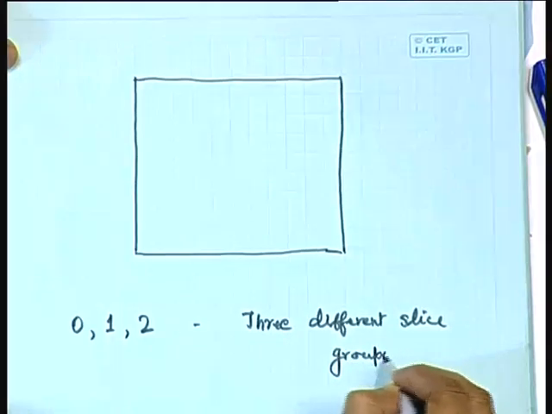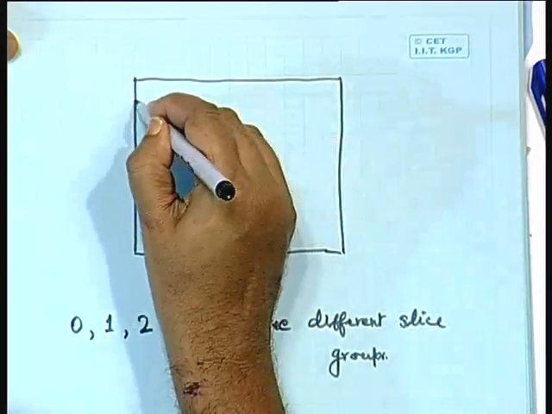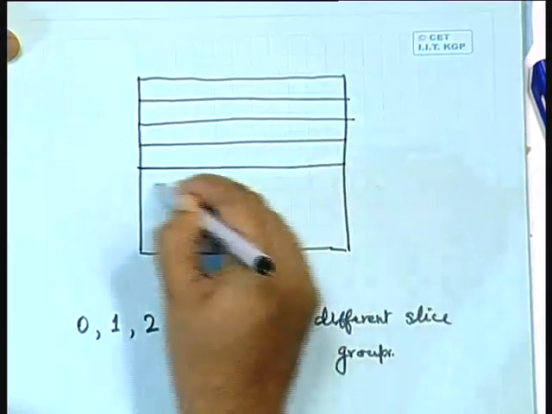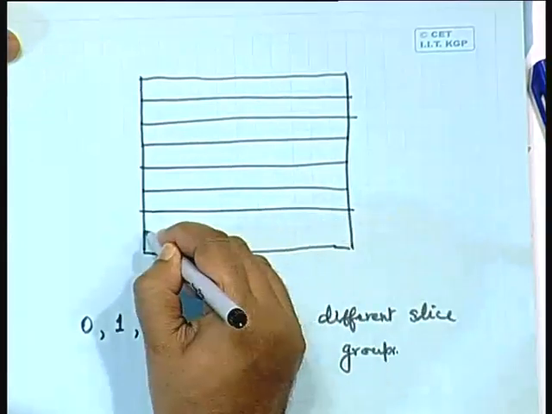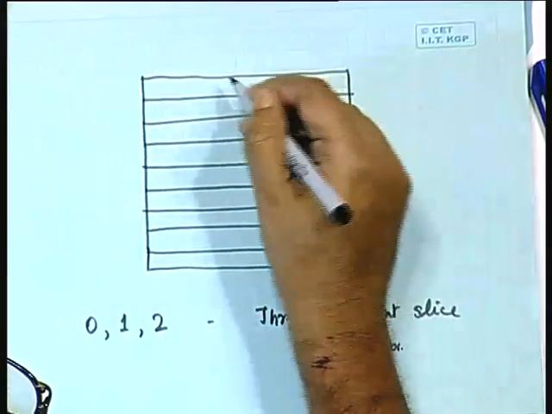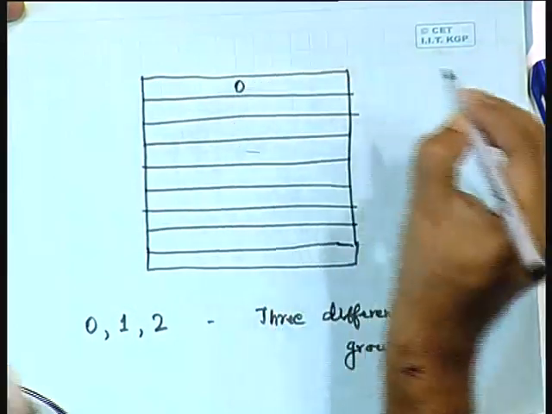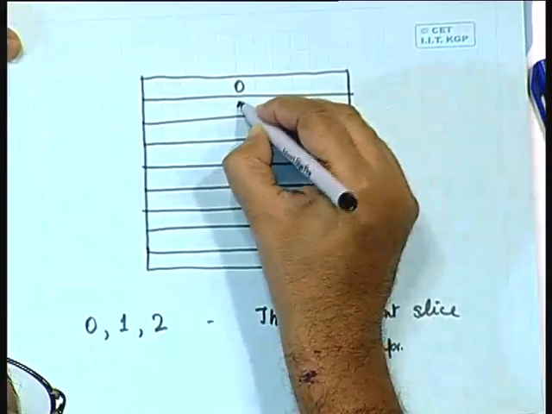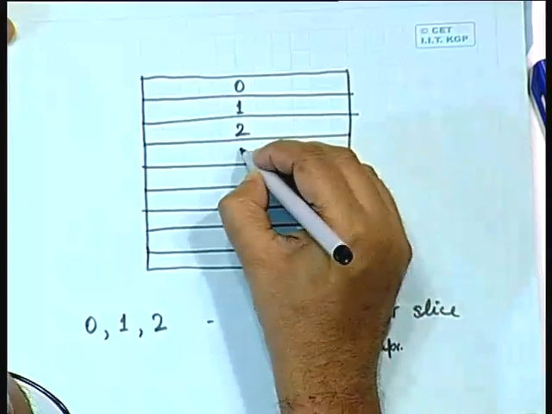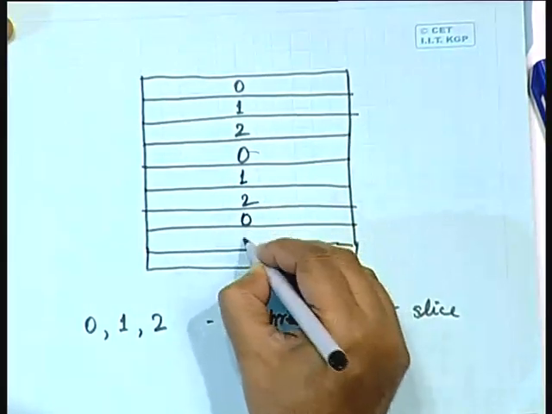We can partition this frame into a number of slices. The topmost slice belongs to slice group 0, the next slice belongs to group 1, the next belongs to group 2, and again the fourth slice belongs to group 0, then 1, 2, 0, 1, 2.